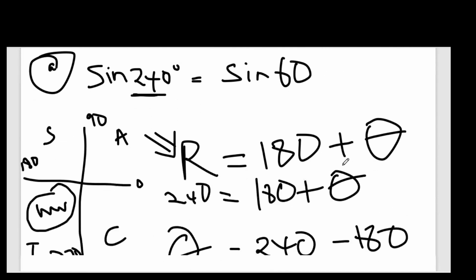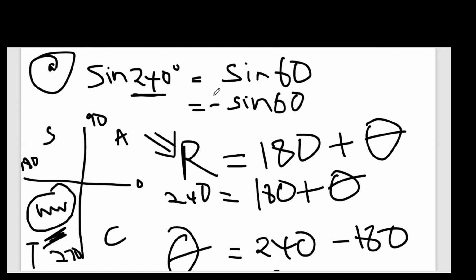Remember that the value has to be negative. Why? Because it's in the third quadrant. So here I'll write minus, then sine 60.